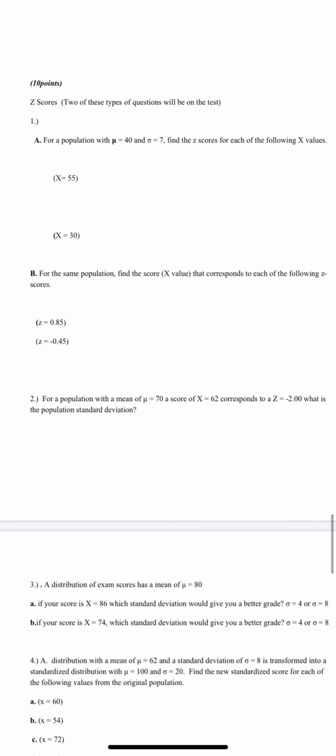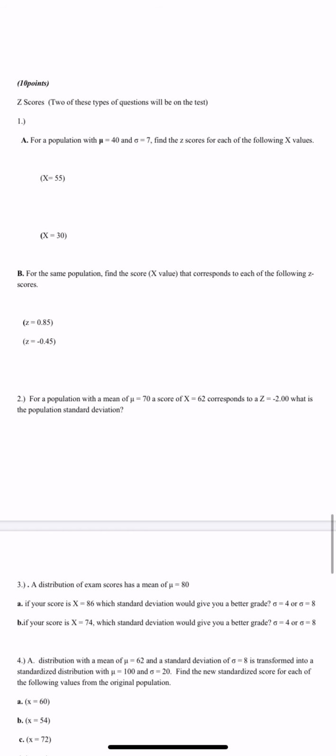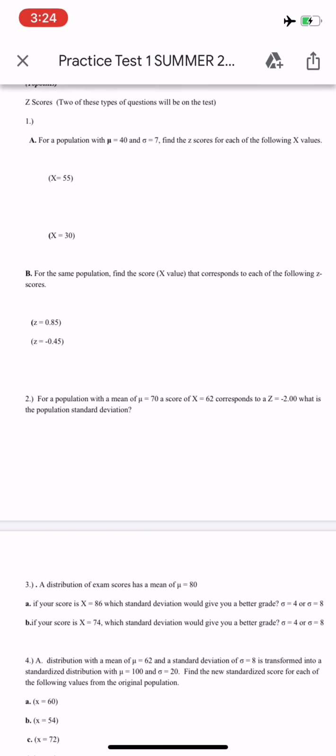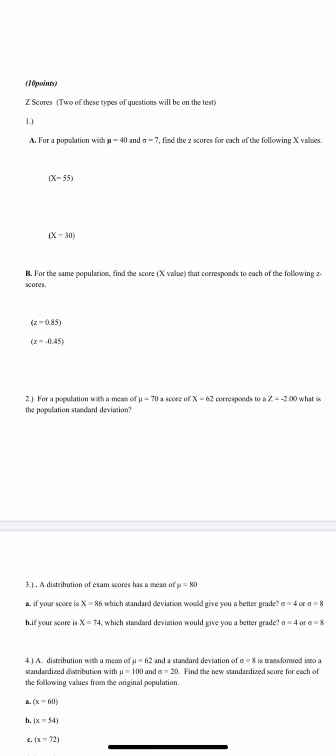For the same population, find the X value that corresponds to each of the following Z-scores. So here, you're going to use the formula X equals Z times standard deviation plus mu.